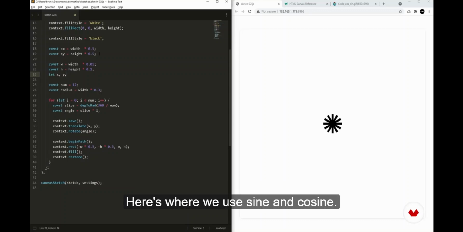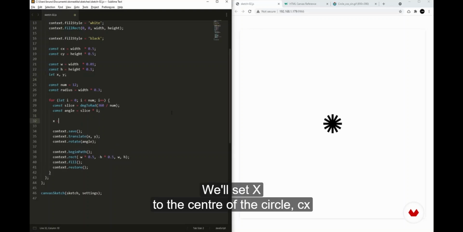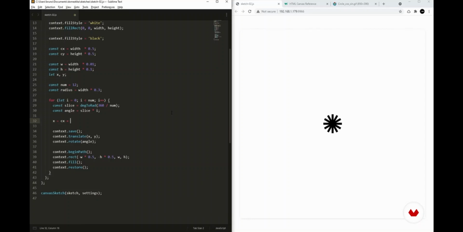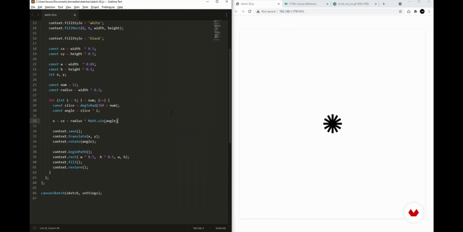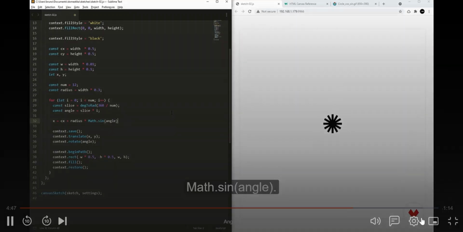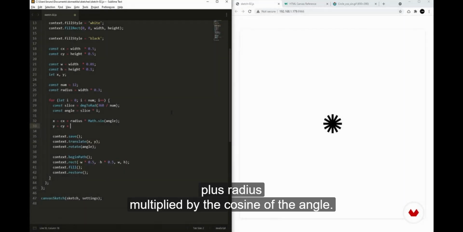And here's where we use sine and cosine. We're going to set x to the center of the circle, so cx, plus the radius of the circle multiplied by the sine of the angle. So Math.sin, and in parentheses, angle. Then a similar expression for y with cy plus radius multiplied by the cosine of the angle.